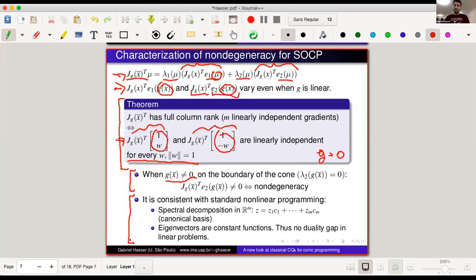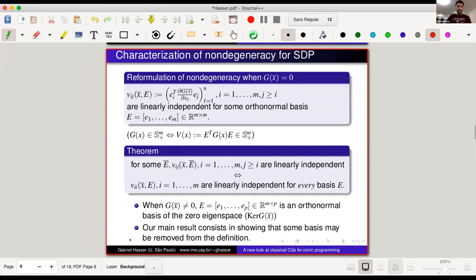Bruno will give a talk today about this topic, and he will explain the spectral decomposition in this more general setting of symmetric cones, which also includes nonlinear programming. But this is just to say that this is all consistent with nonlinear programming and the other variants of the non-degeneracy condition.